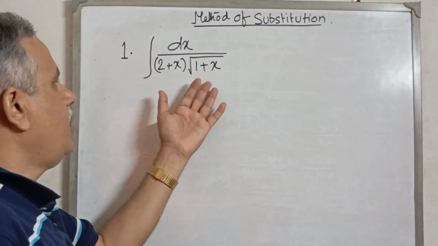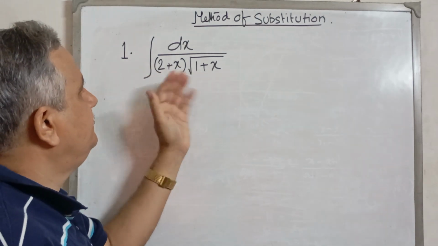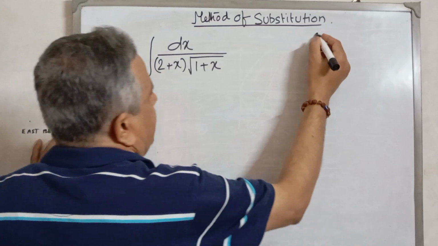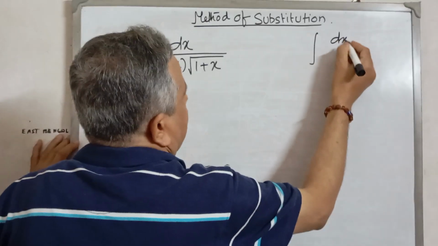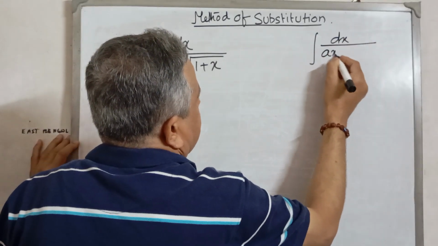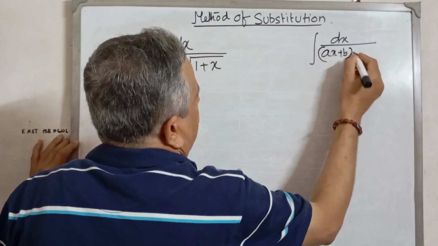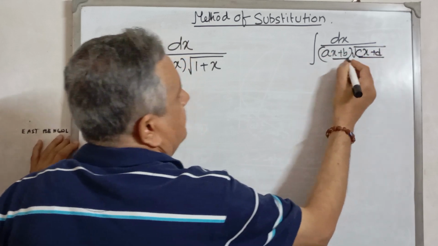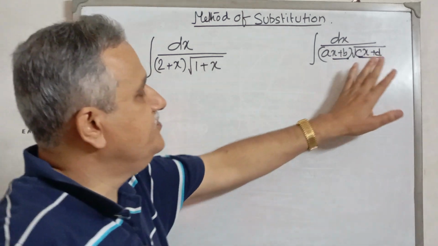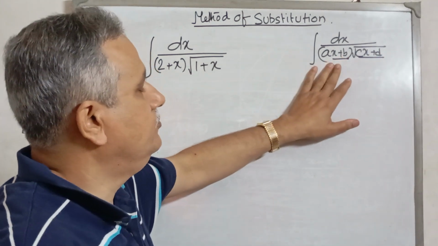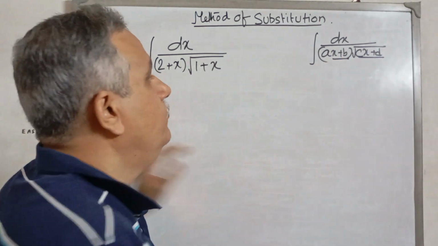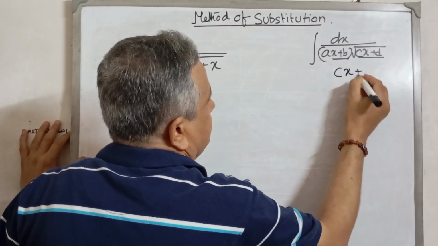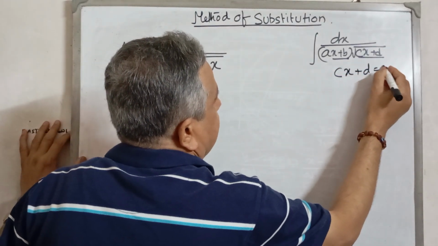If we have this type of sum, of the form (ax plus b) root over (cx plus d), where both are linear forms, inside the root and outside the root, then we always put the expression under the root, cx plus d, equal to z square.